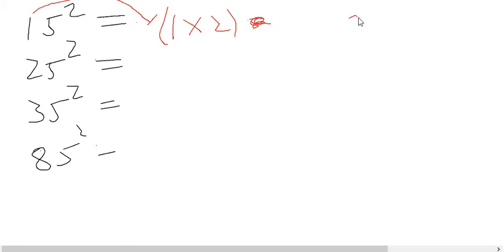So we write 2 now. Now what is 5 square? That is 25. So we write 25 here. So this is our answer.